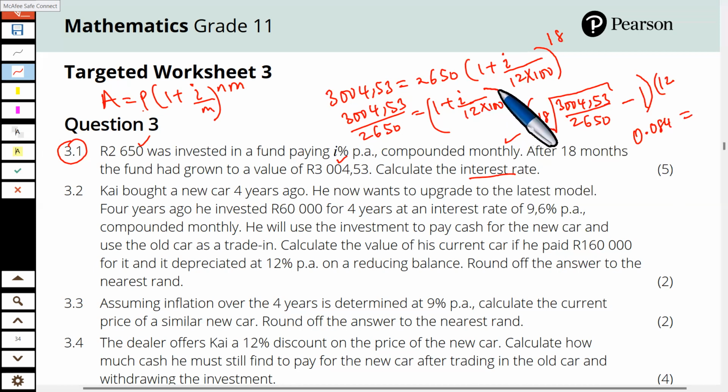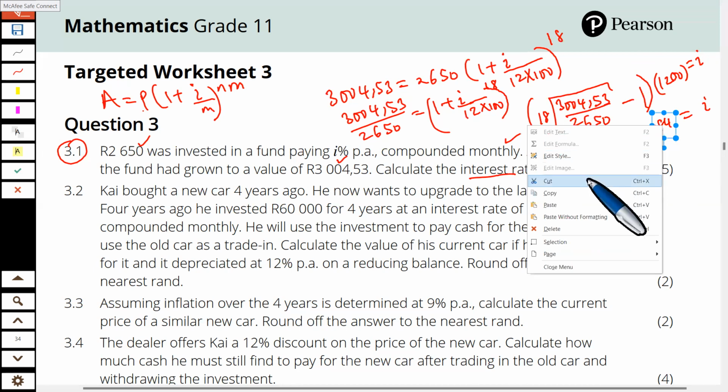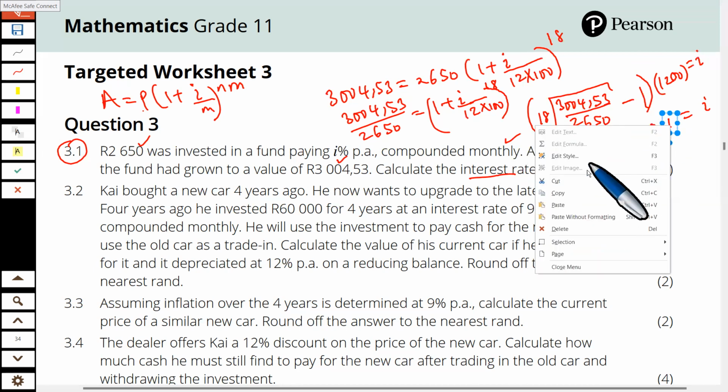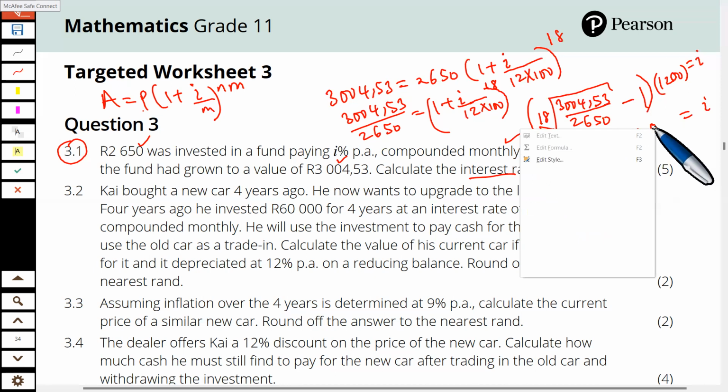So here you have 12 times 100, so it's like 1200, equal to I. The answer is just going to be a full percentage now. If you divide by 100, the answer you get is going to be a percentage.